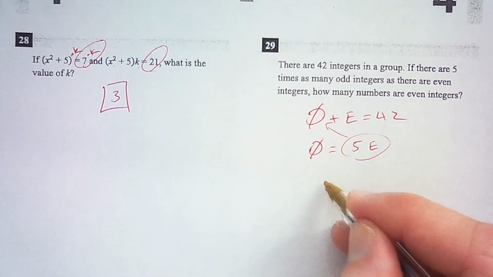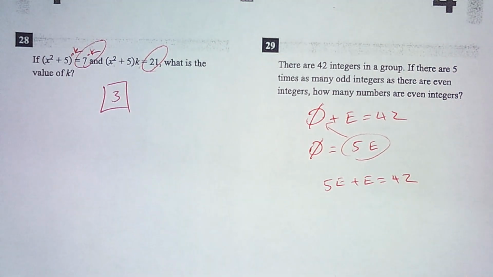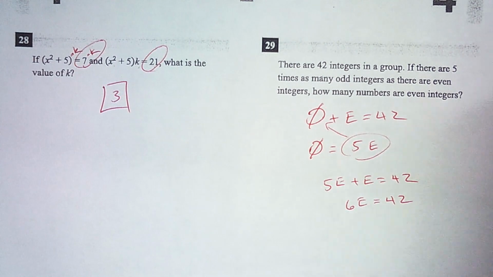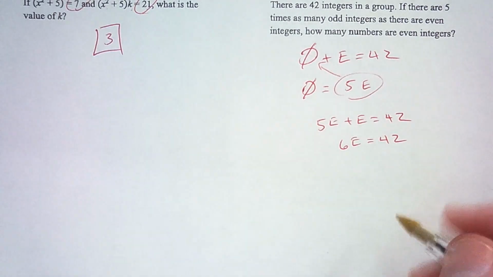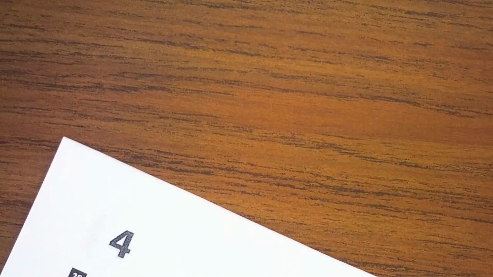I'm going to take this right here, since it equals O, and put it in for O. So 5e plus e is 42. That's 6e equals 42, and 42 divided by 6 is 7. So the answer I'll put in my grid is 7.